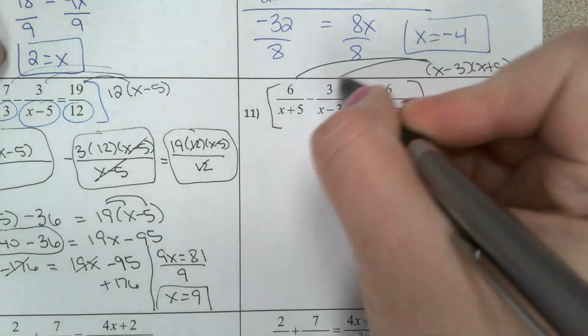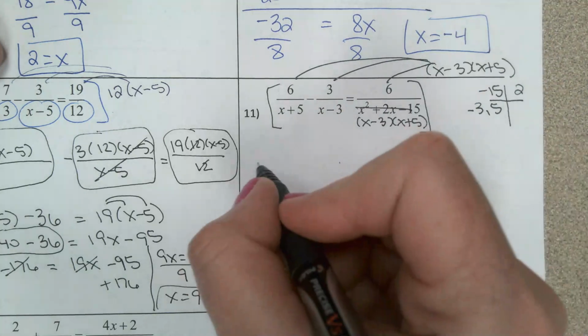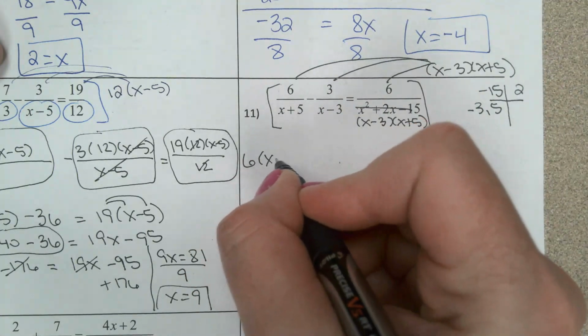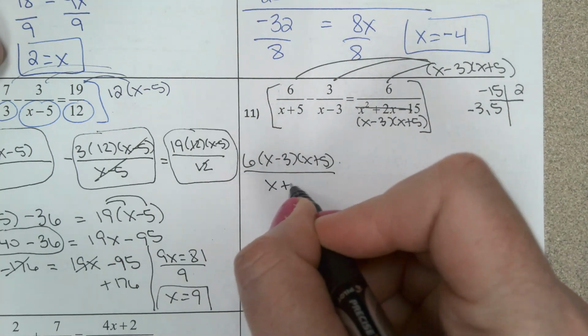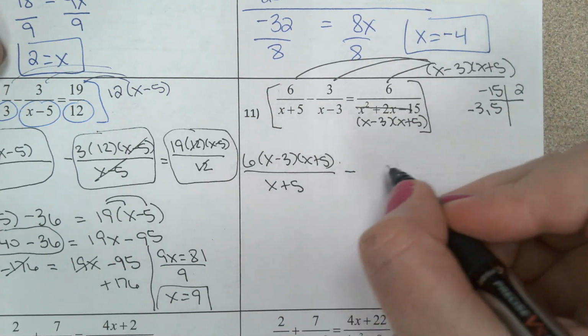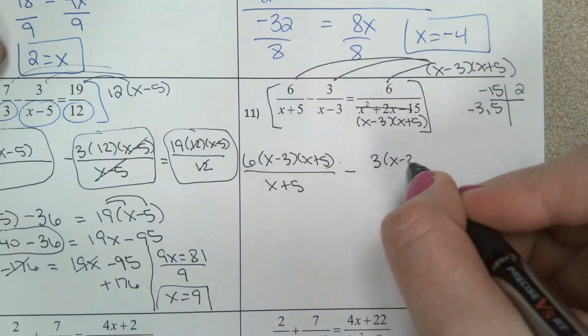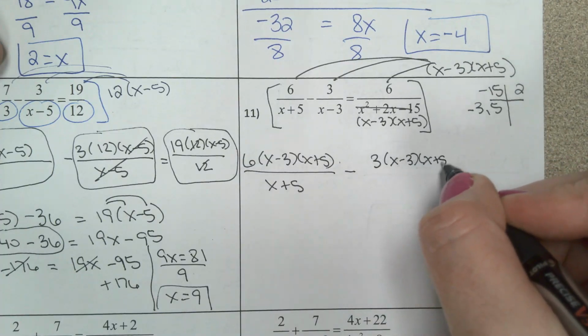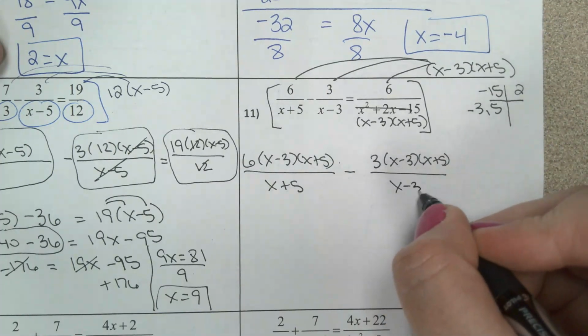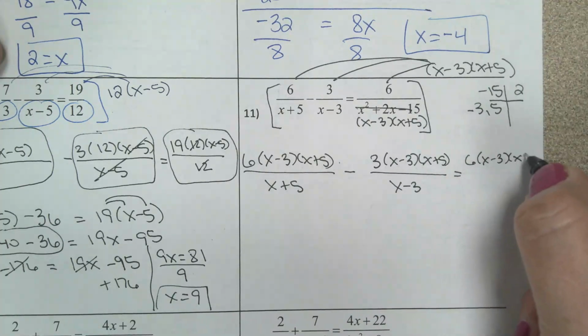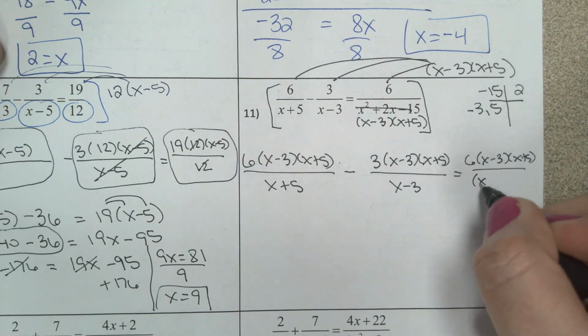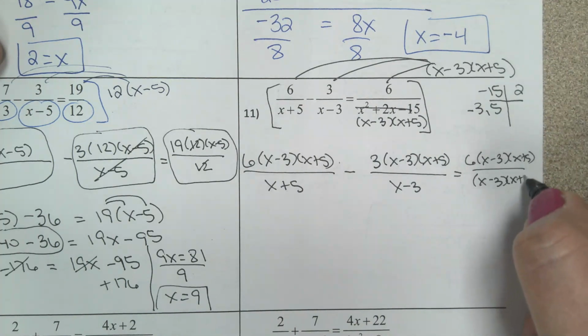So I'm going to distribute that to all three terms. 6 times (x minus 3)(x plus 5) over (x plus 5), minus 3 times (x minus 3)(x plus 5) over (x minus 3), equals 6 times (x minus 3)(x plus 5) over (x minus 3)(x plus 5).